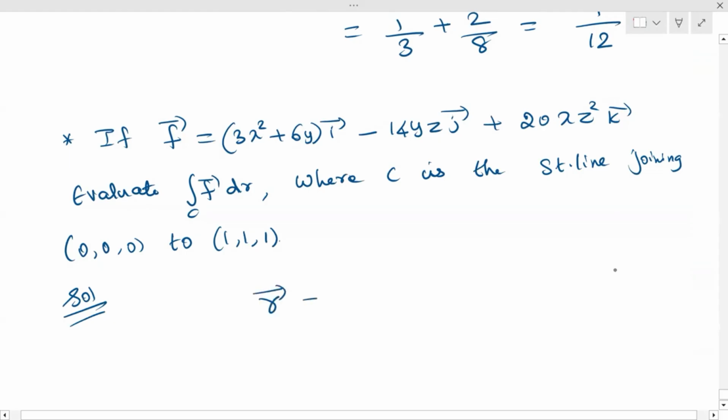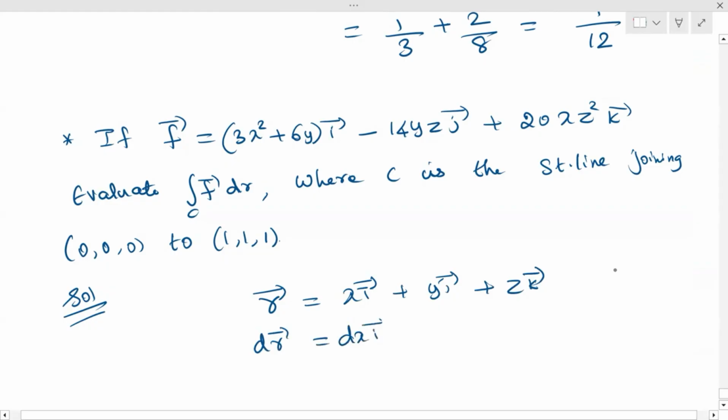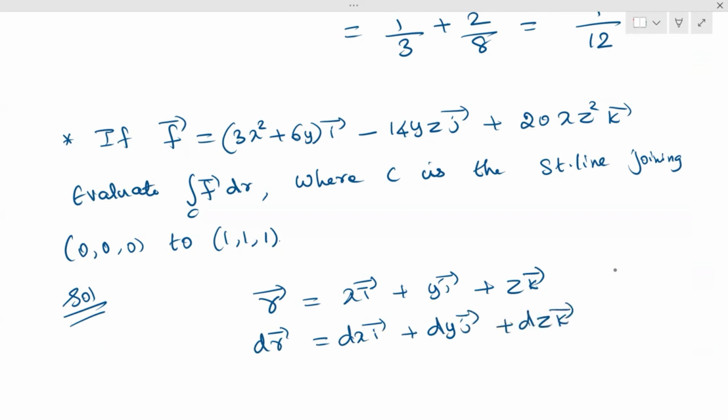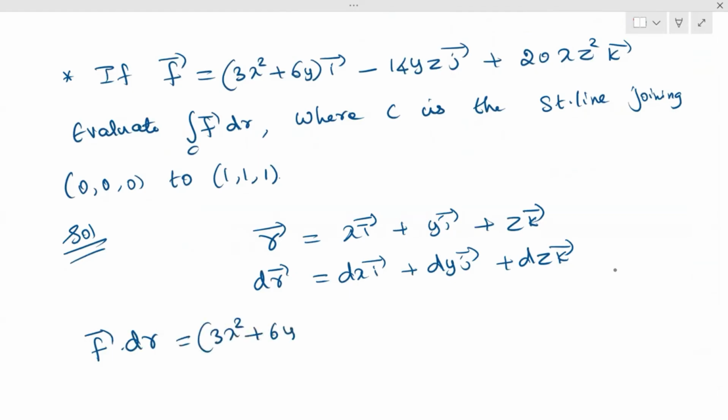So r vector is x i plus y j plus z k. Here dr vector is nothing but dx i plus dy j plus dz k. So F dot dr is nothing but (3x squared plus 6y) dx minus 14yz dy plus 20x z squared dz.